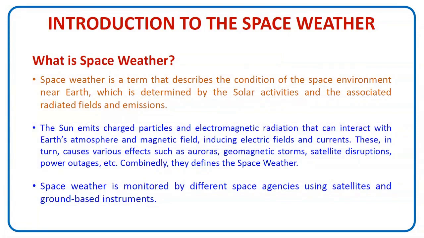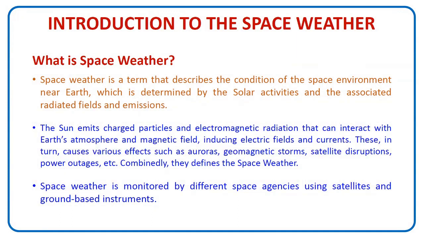So it is a short-term condition. Notice two terms here. One is near Earth. This means that the space weather which we see from the Earth may be different from the space weather at Jupiter.